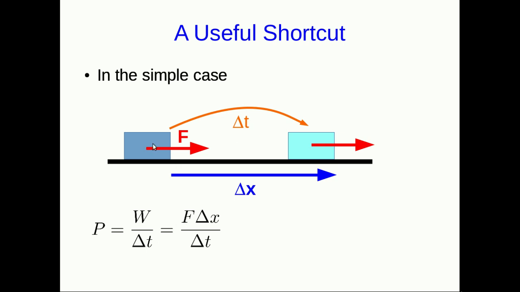And in this simple case of the force being parallel to the displacement vector, that work is just the magnitude of the force times the magnitude of the displacement. But now look, if you just pull the force out front, you get this delta x over delta t. And as long as this is a nice straight line motion, then that right there is the speed. And so, at least in the case where forces are acting in the direction of motion for straight line motion, you can quickly calculate a power as a force times a speed.